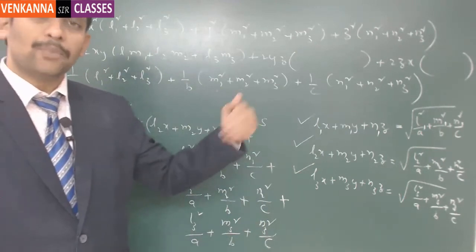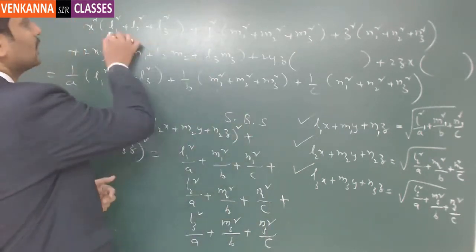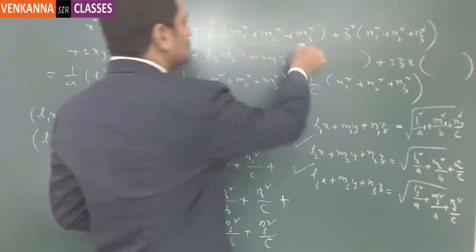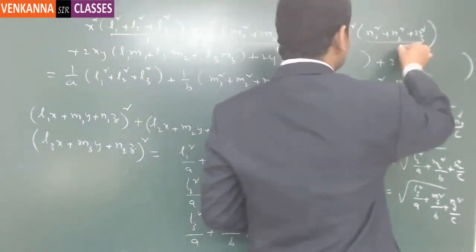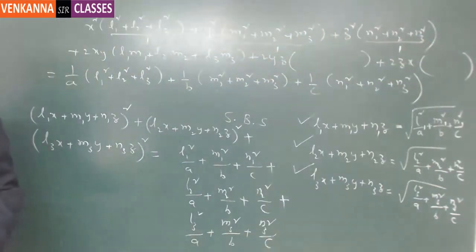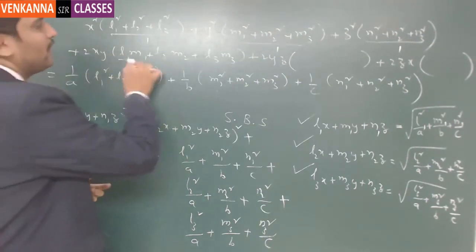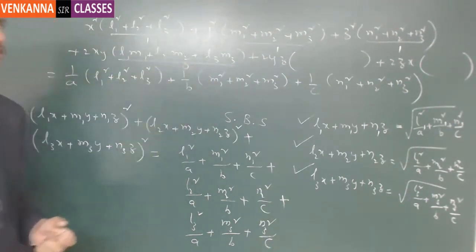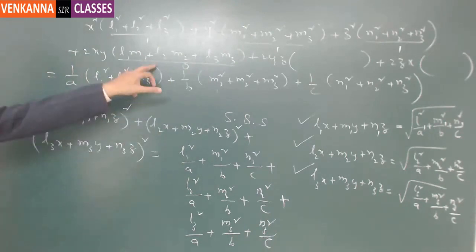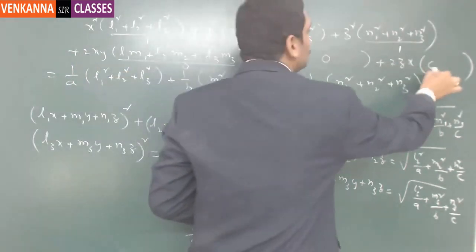Using the properties of DCs, this value is 1, this value is 1, this value is 1. And these values will become 0 whenever you multiply with the different values. So this becomes 0, this becomes 0, this becomes 0.